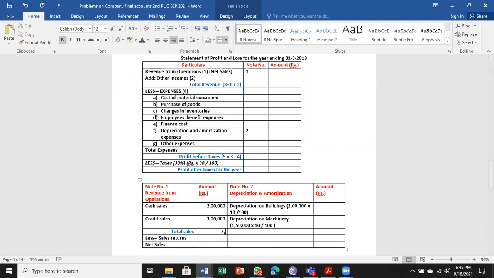That will come to 5 lakhs, less sales returns 20,000. Net sales is 4,80,000. So this 4,80,000 will be the revenue from operations. This 4,80,000 we have to take here under revenue from operations. This is the first thing.